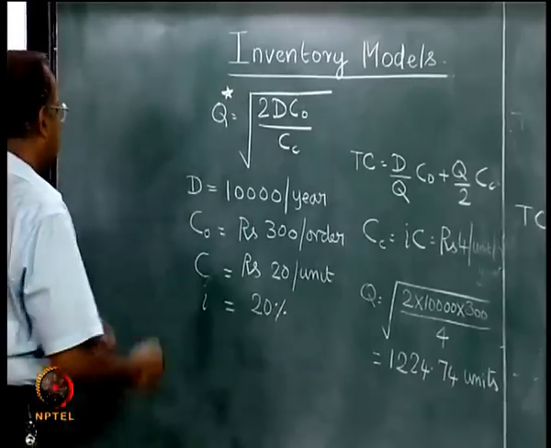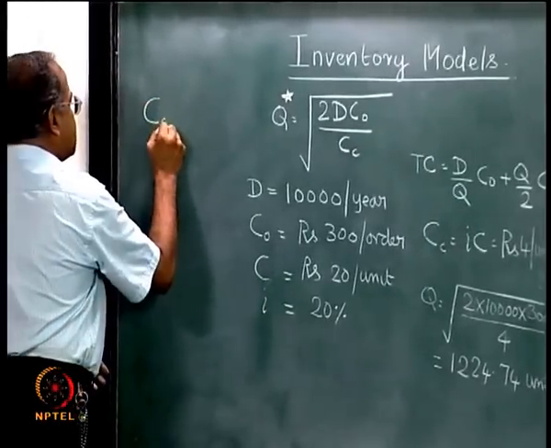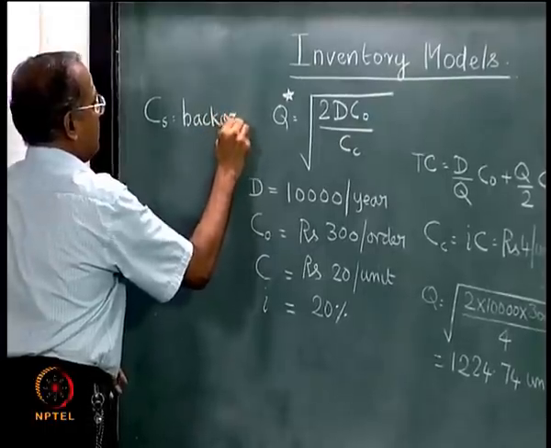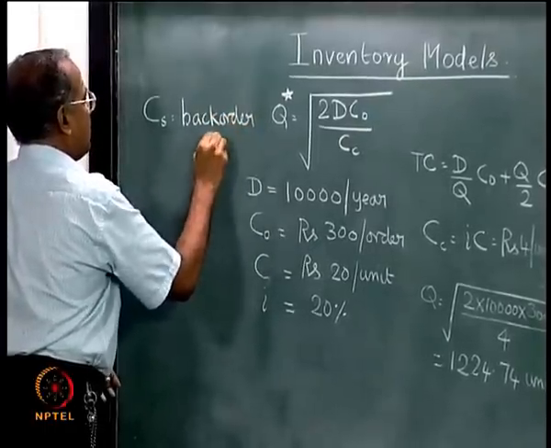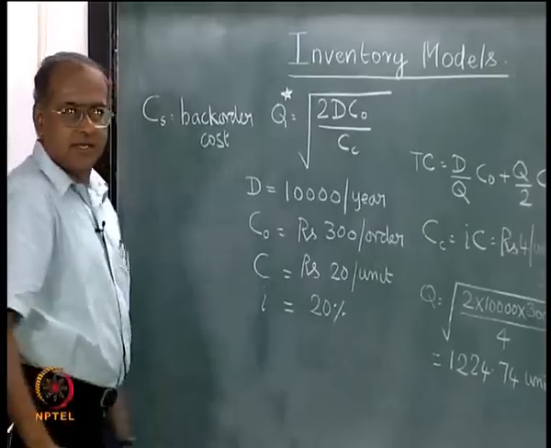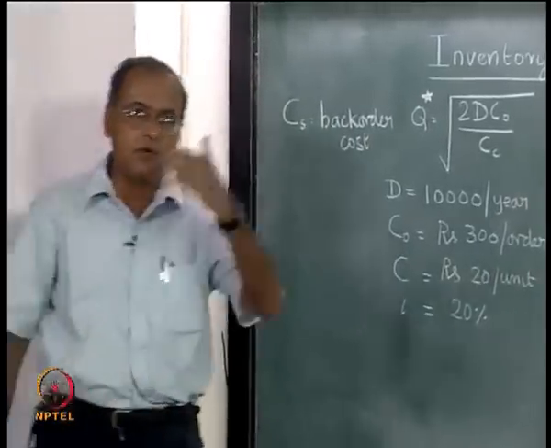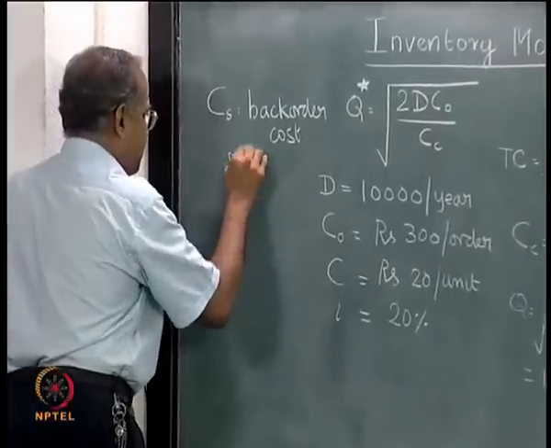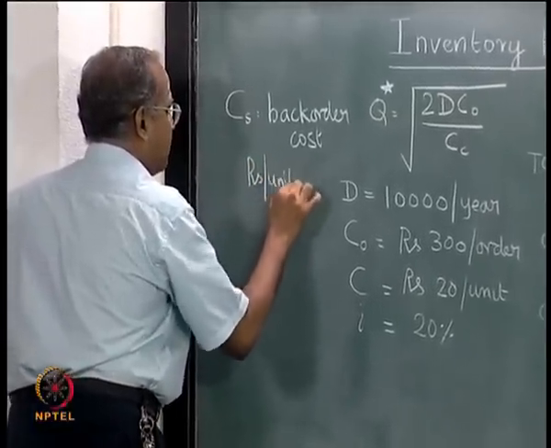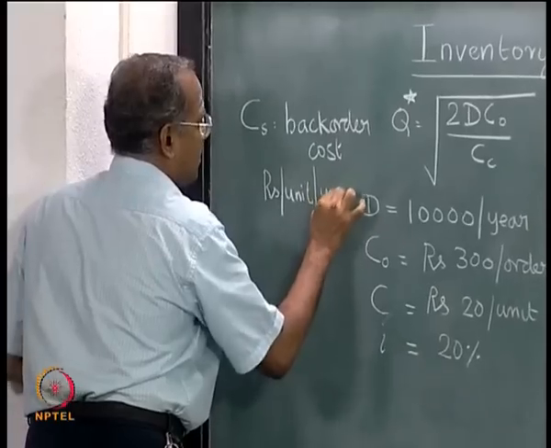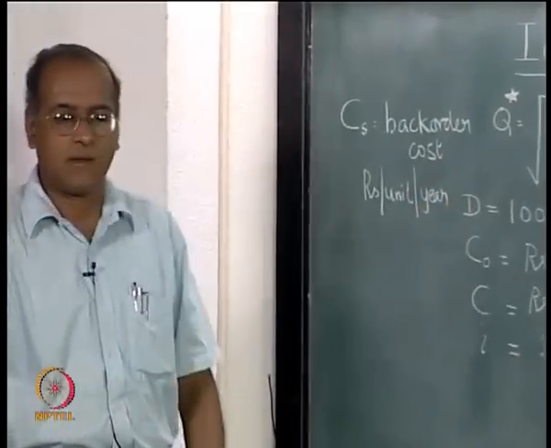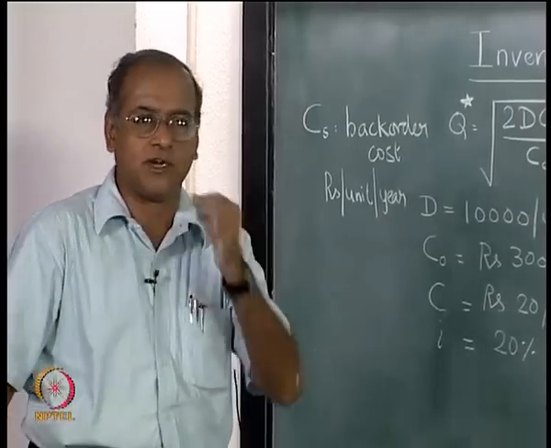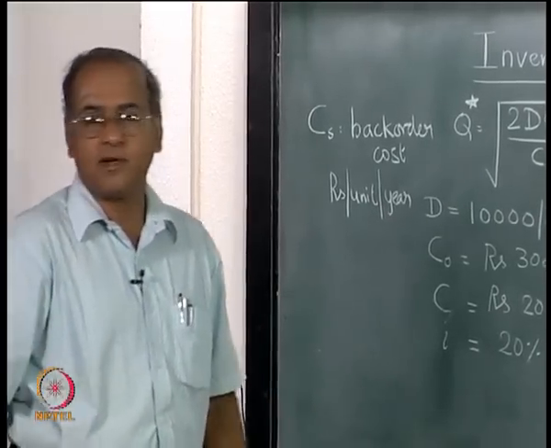So let us now define CS, the back order cost. This is defined in the same units as CC, so it will be rupees per unit per year. CS and CC will have the same units, rupees per unit per year.